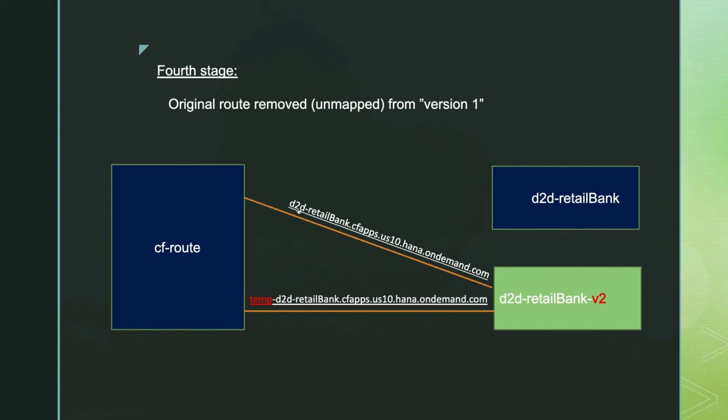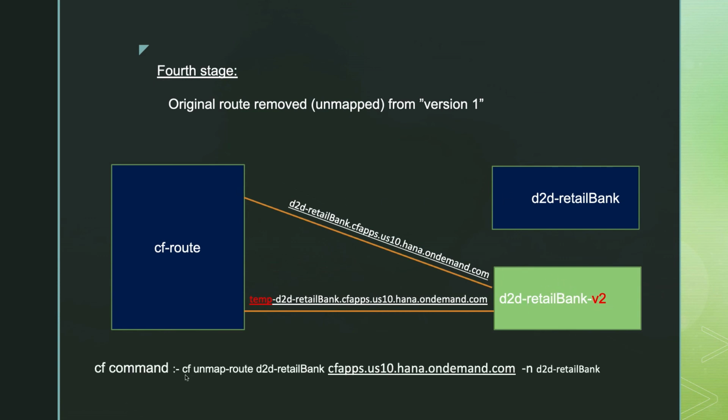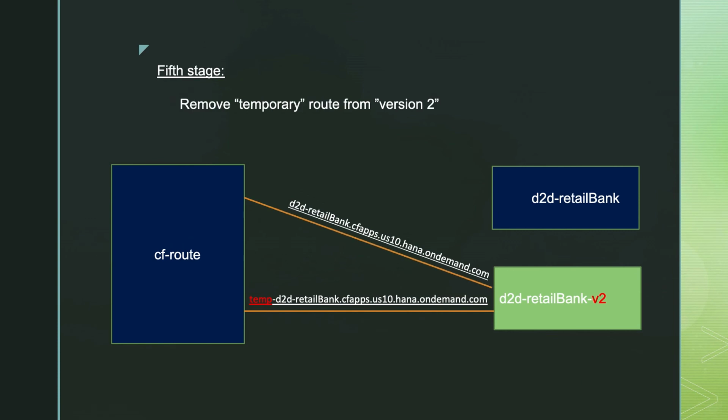You can see now no route is pointing to version 1. Though the application is running in Cloud Foundry, we cannot access it. The new version has two routes, the original route as well as the temporary route. The command for this is cf unmap-route followed by the application name, domain name, and the host name.